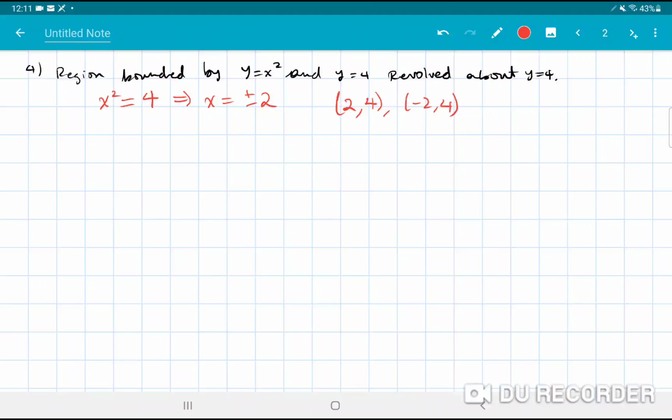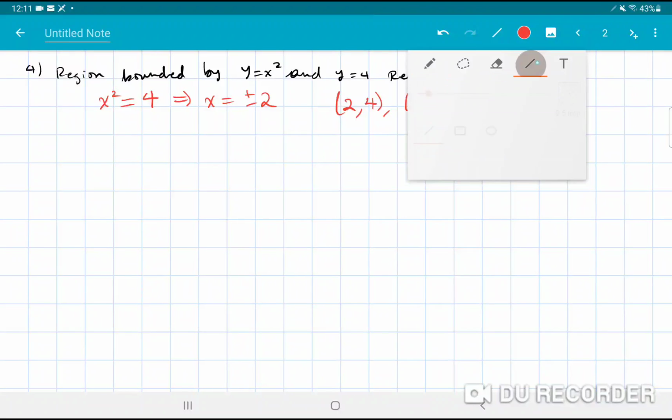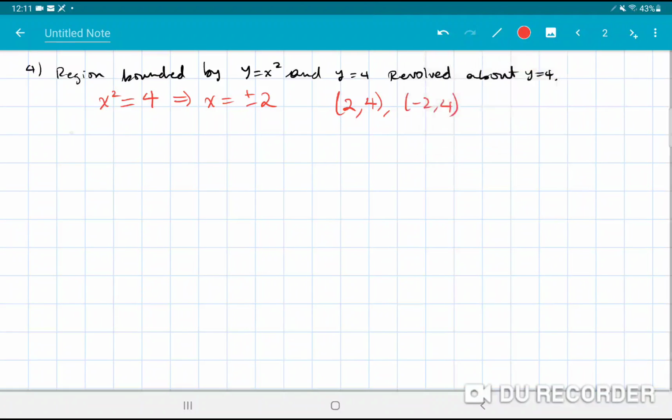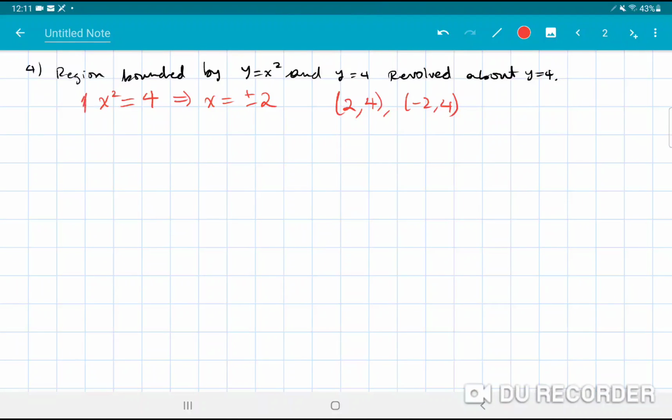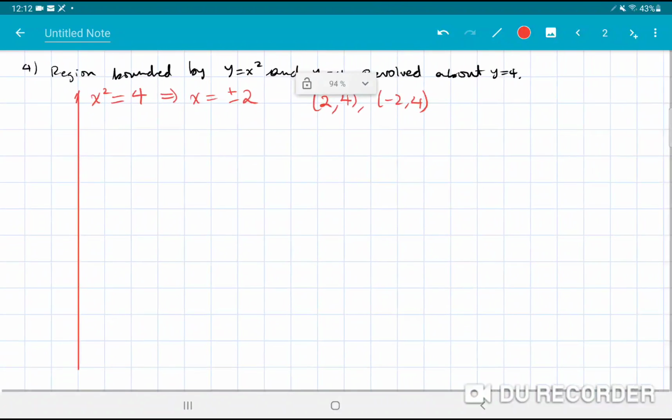All right, so let's see how we can do the graph and revolve it about y equals 4. Maybe I'll do the graph here with my line maker, and shrink it just a little.